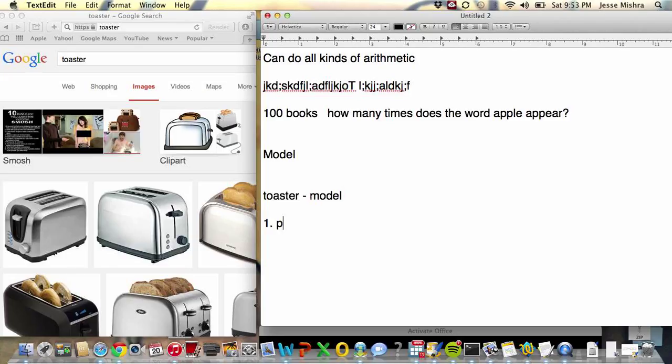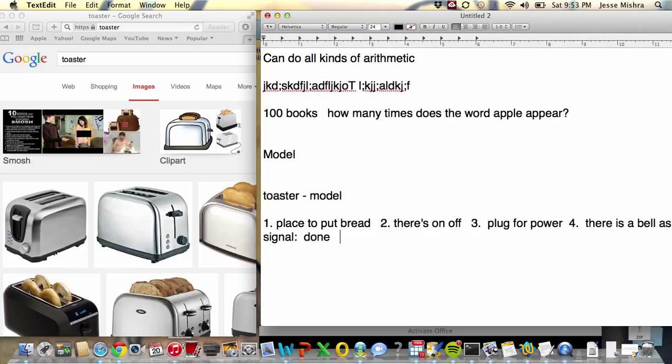Well, we need to know there's a place to put bread. We need to know there's an on-off switch. There's a plug so that we can plug it into the wall for power. We might want to know that there is a bell as a signal, done. And there's a darkness setter.